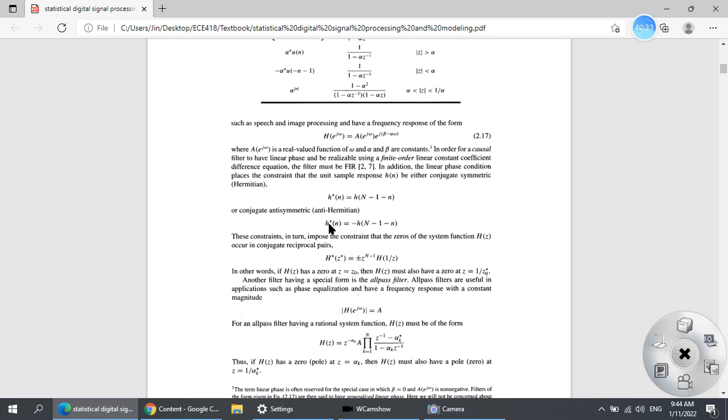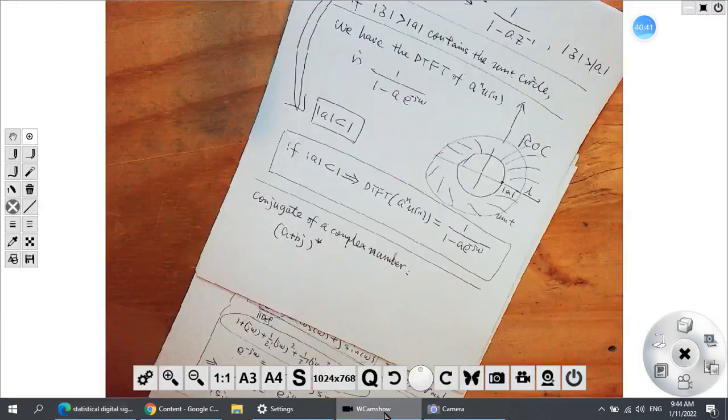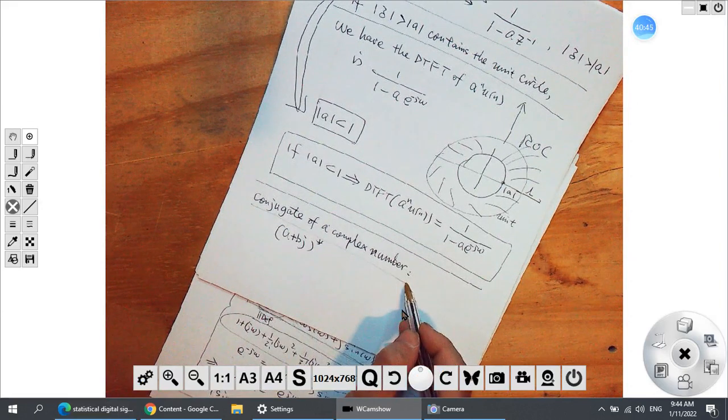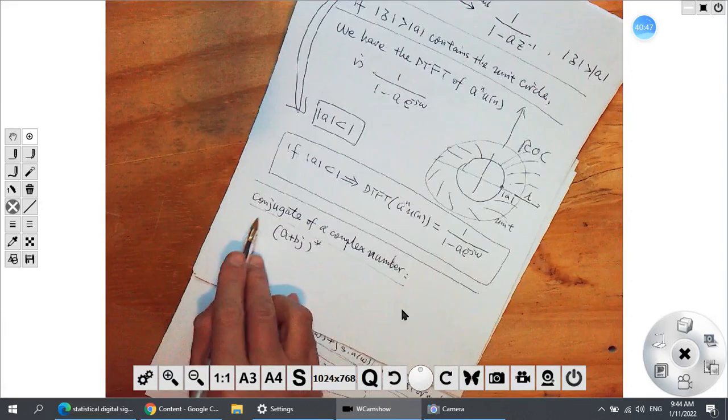Sorry, I copied the wrong one. I need to go to this one. Okay, this is the conjugate of a complex number.